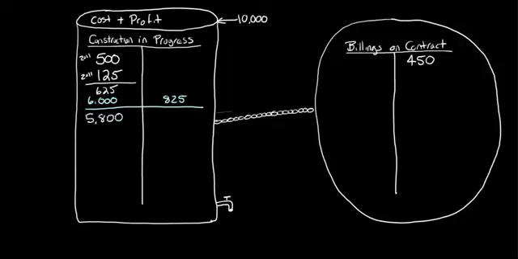I'm also going to put an amount in here for my billings on contract because I've now billed another $5,000. And so my total at the end of 2012 should be $5,450.